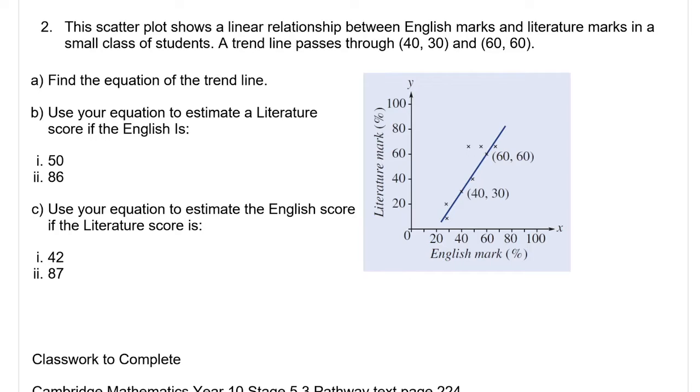Okay, and welcome back for the second example for using a line of best fit with a scatter plot. So here, this time we have our scatter plot already in. And what we're going to do is we're actually going to do a bunch of things with that information.